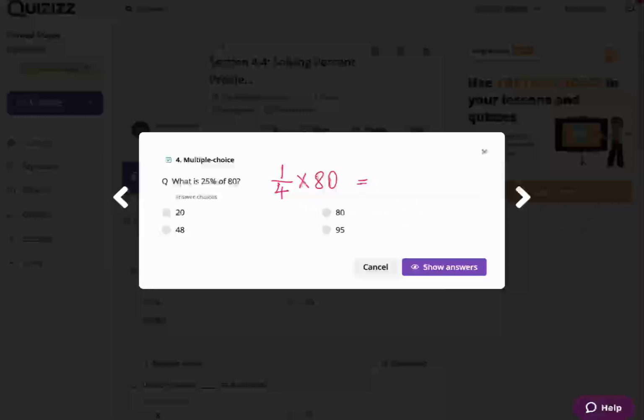We divide 80 by 4, which equals 20, and multiply by 1. So 1 times 20 equals 20. The correct choice is 20. Thank you, Mustafa. Any problems? No.